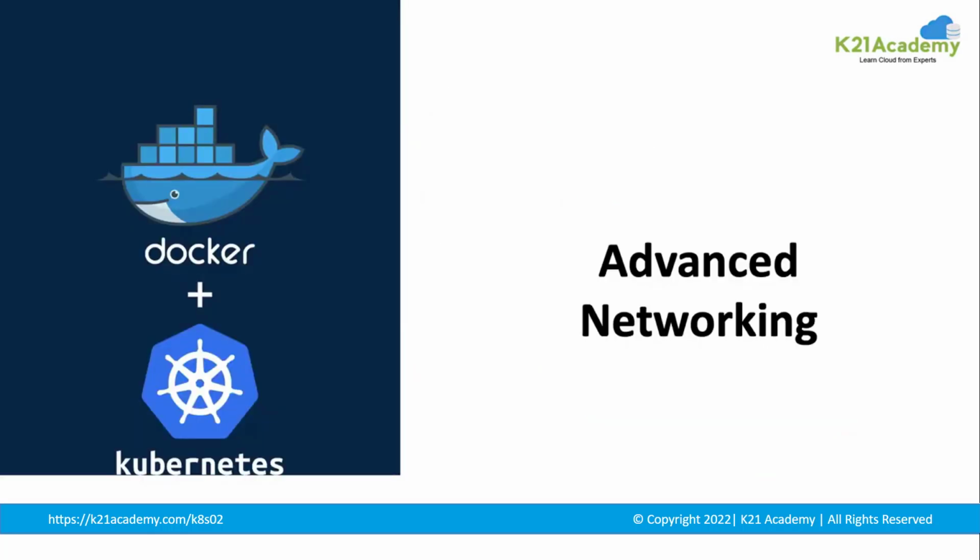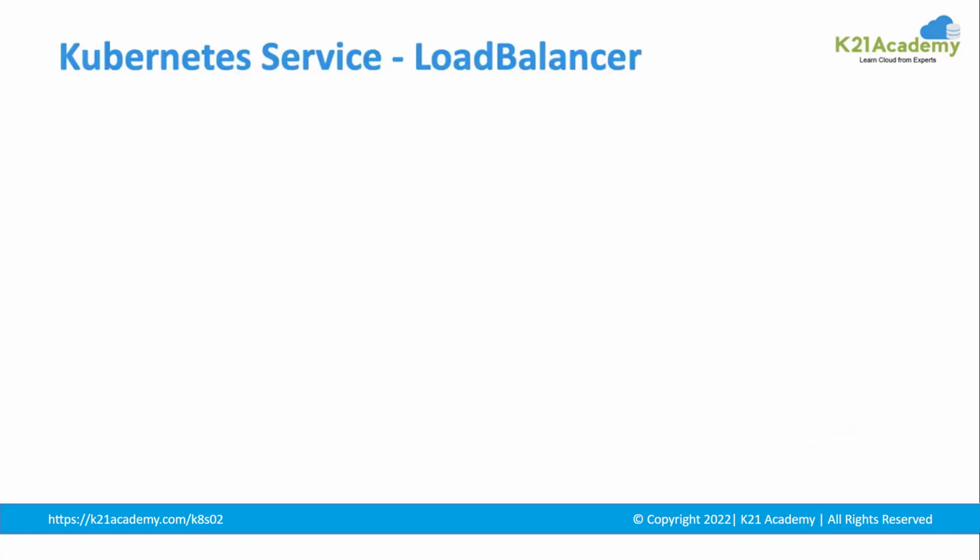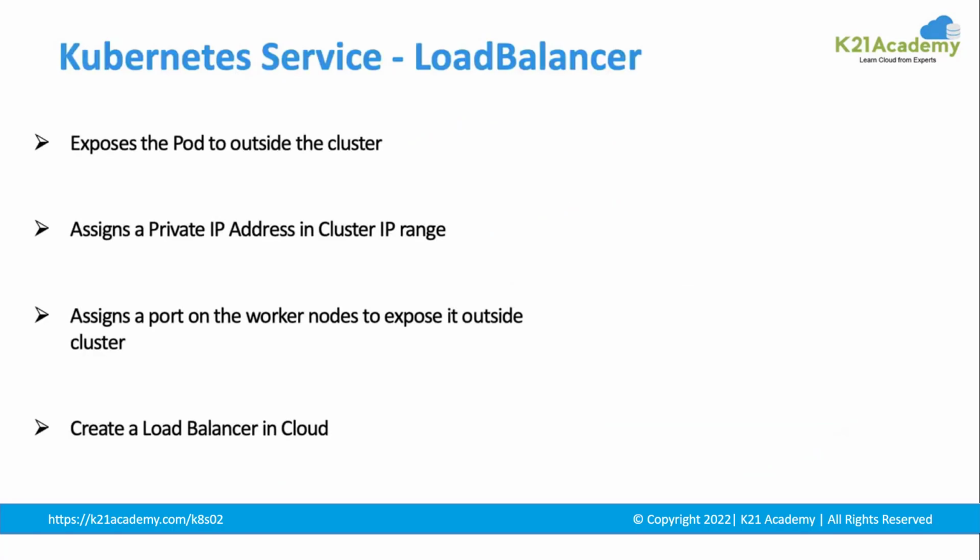We can have another type of service, which is called the type load balancer. In the cloud, if you give the type as load balancer, it makes sure that your application gets exposed outside the cluster, and you have a load balancer created in the cloud provider's account.